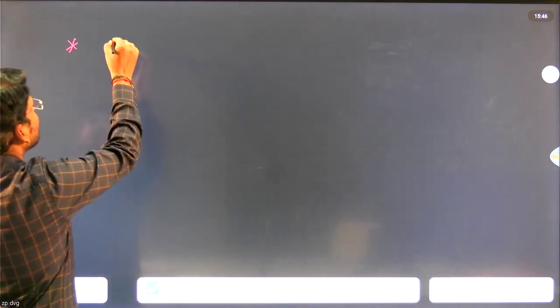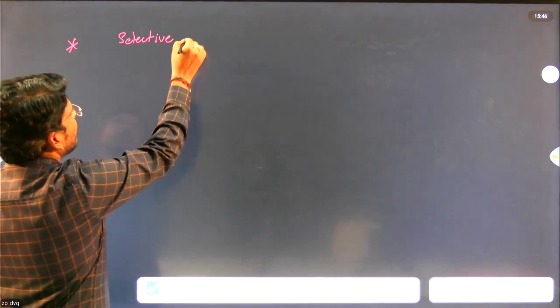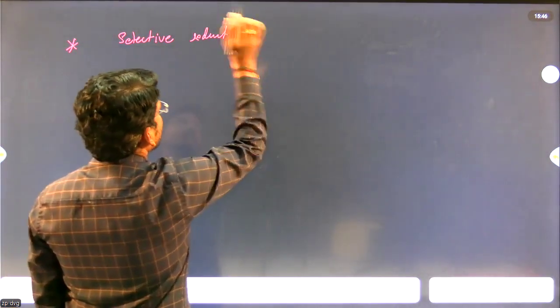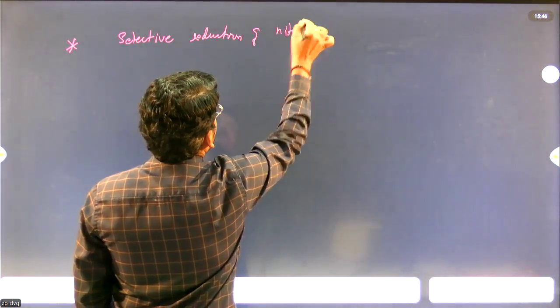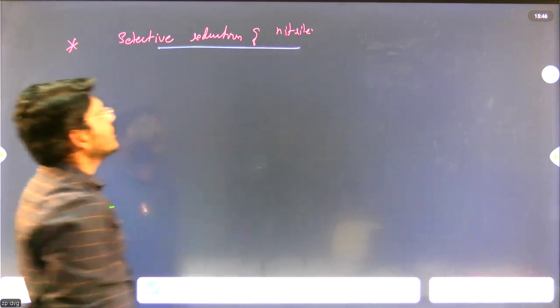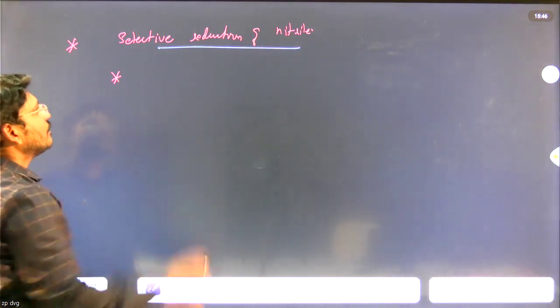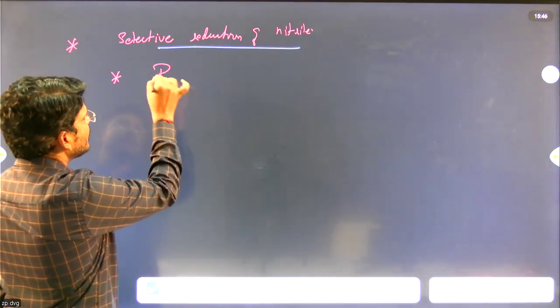So another one, the same selective reduction will take place. Selective reduction of a nitrile. So why are we using the selective reduction of a nitrile? For selective reduction of a nitrile, we can use a special reagent.